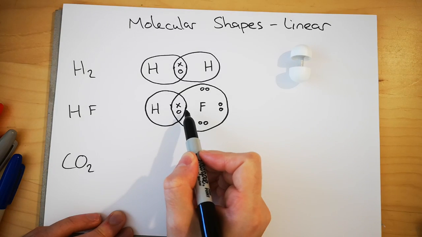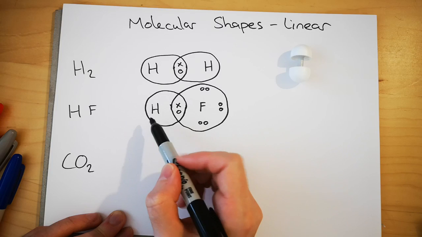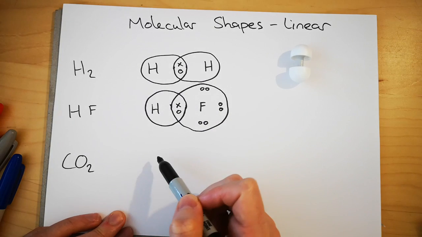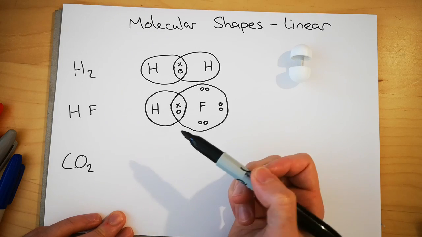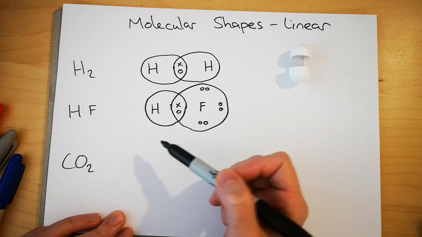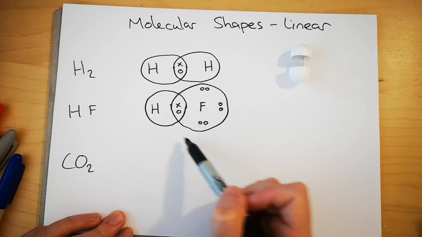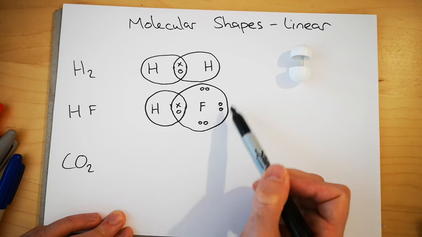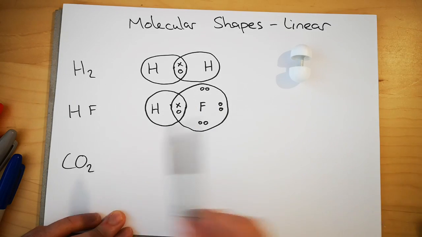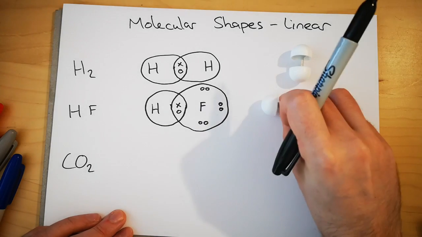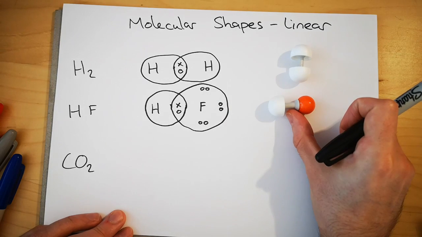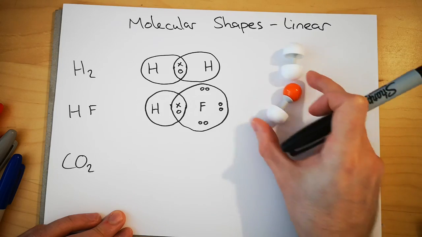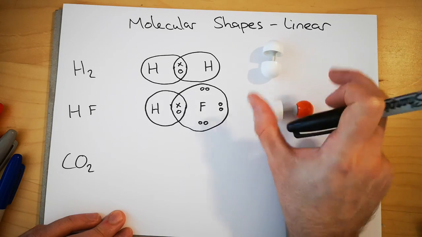That is our single covalent bond. Now, if we count what's within that hydrogen's orbital, it's got 2 electrons, and so it's happy because it's got a full outer shell of 2 electrons. The fluorine, if we count what's in its orbital, has 1, 2, 3, 4, 5, 6, 7, 8 electrons, so it's happy as well. And the molymod for that looks like this. And so we've got hydrogen fluoride, and our little molecule there is linear once again.